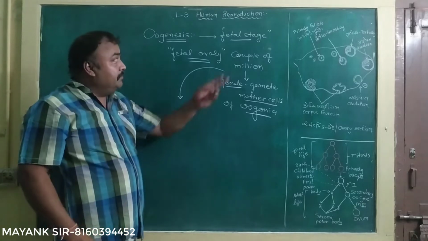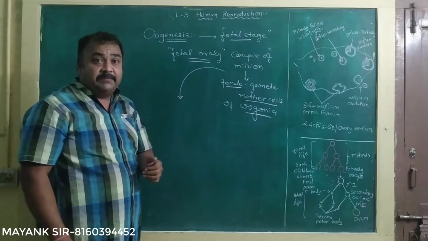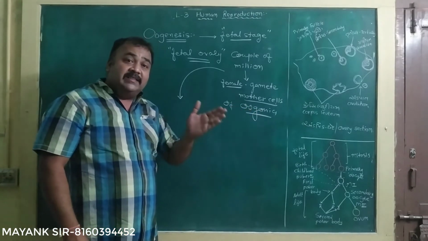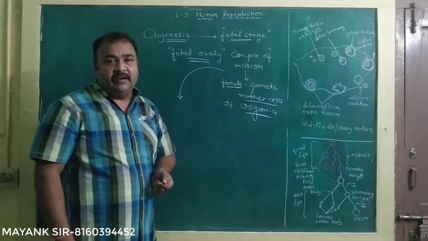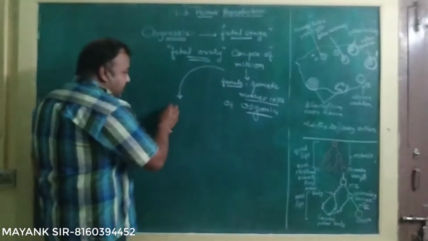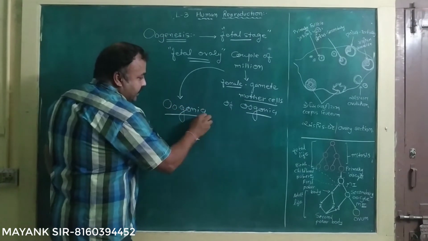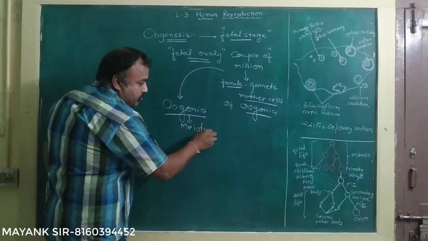After birth, that means when fetal development is completed and birth takes place, not a single oogonium is added, not a single one is increased in number. These oogonia enter into division, and that is meiotic division.